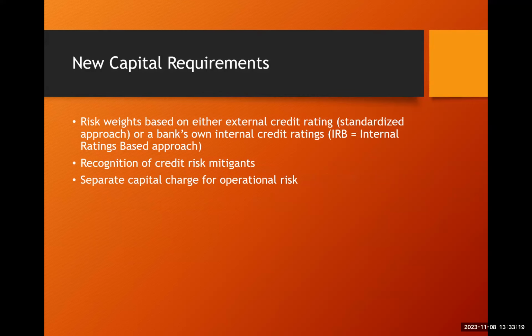So the first part describes new risk weights. The second part includes amendments that allow you to reduce the total amount that you have to put in reserves if you have things like collateral. And last part, operational risk, is just a separate charge.